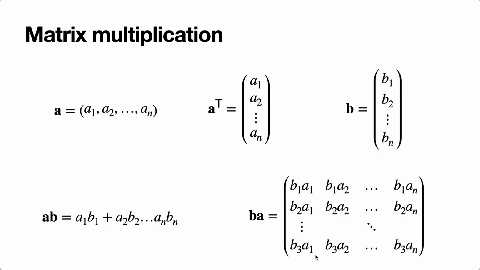Whoops, I need to change my notation here. I had B going to 3 instead of to n. Okay, whatever. I think you get the idea. This should be B sub n, and this should be B sub n, and that should be B sub n. So, matrix multiplication: AB is not the same as BA.